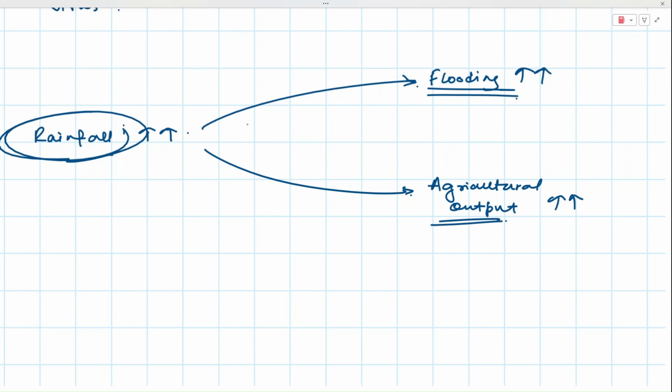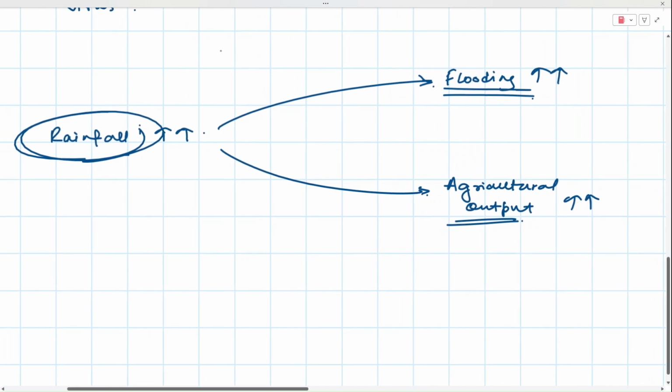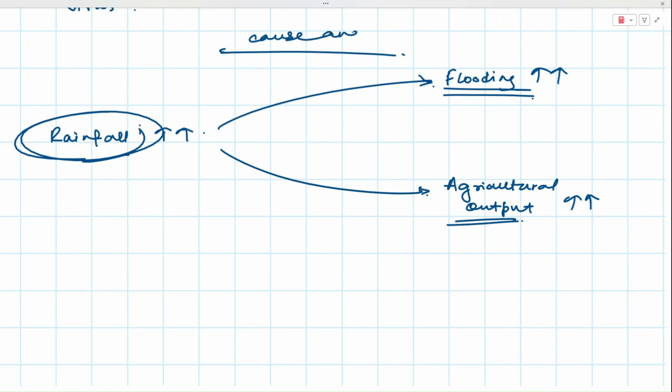But the problem with social sciences is that we do not always know this. This represents the cause and effect relationship, but we do not know these directions all the time. Finding out these directions is one of the main reasons why we study econometrics, and knowing this relation solves our problem.